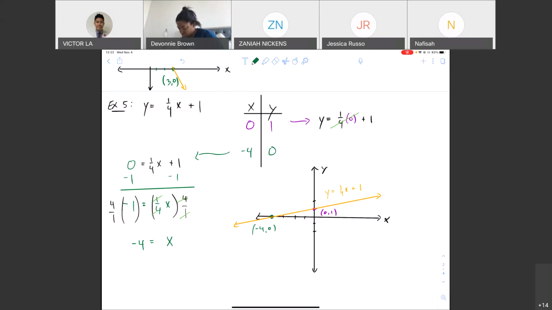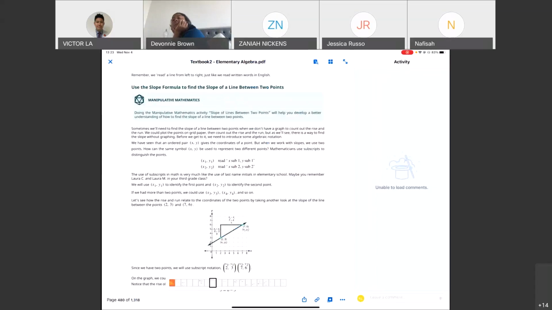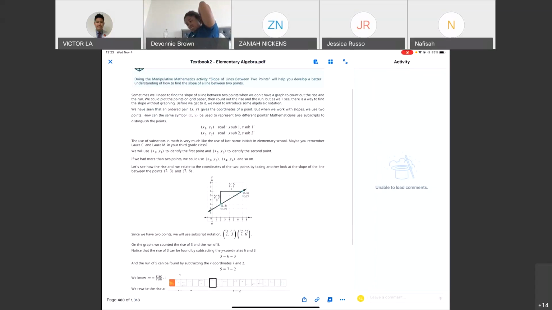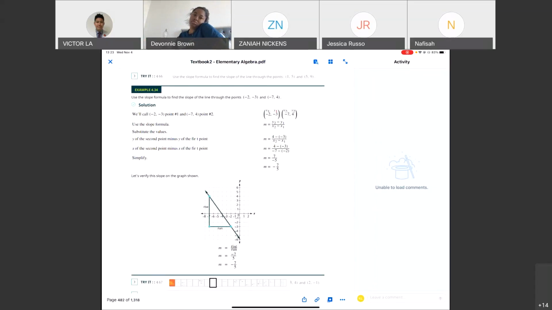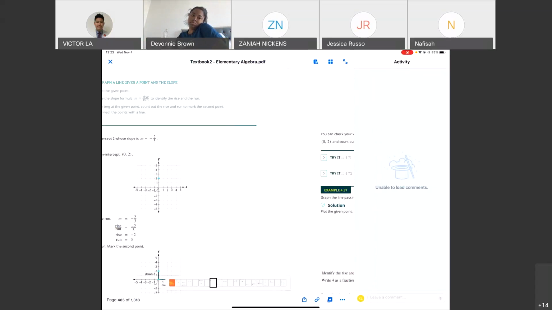What other questions? All right. So what I was attempting to show you was that they're showing you how the slope behaves, but I think it's easier if I just show you the equation and then we can explain it, and then it makes a lot more sense that way, right?